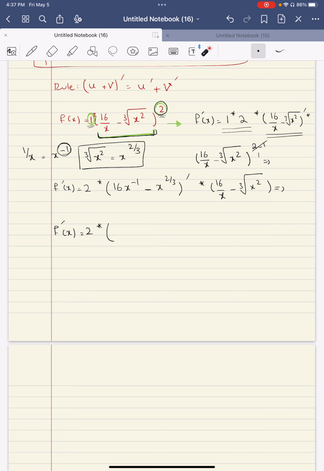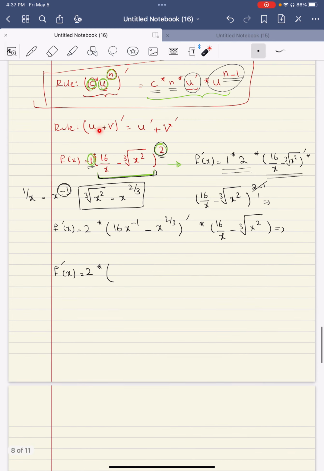So we can make use of this rule to solve this derivative. (u plus v) prime is u prime plus v prime. So in here, the u is this guy in here, and the v is this guy in here. So I'm gonna apply this rule.